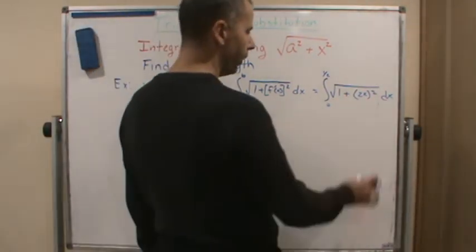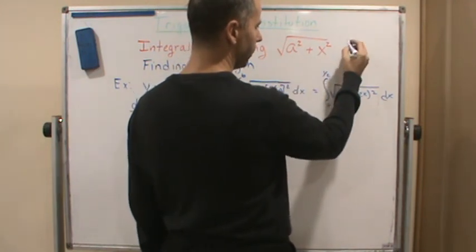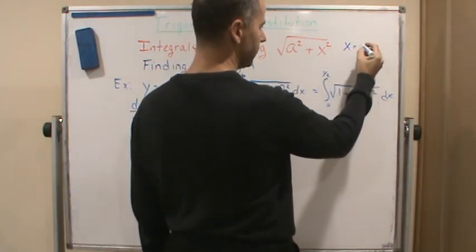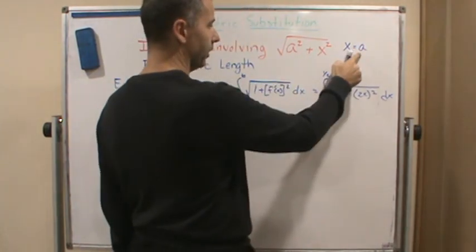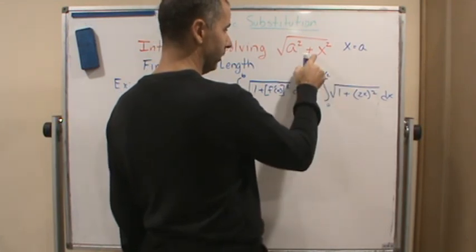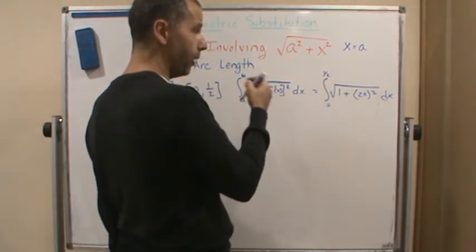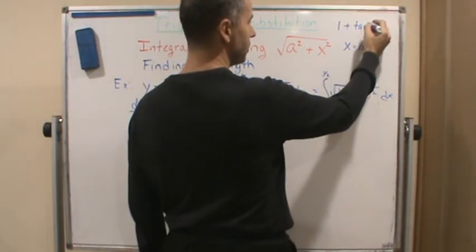Well, we need to get tangent here. Remember, our general substitution in this case is x equals a tangent theta. Why do we have a here? Because we're going to get a squared. We want an a squared here so that we can factor it out, because the goal is we need to get 1 plus tangent squared theta.